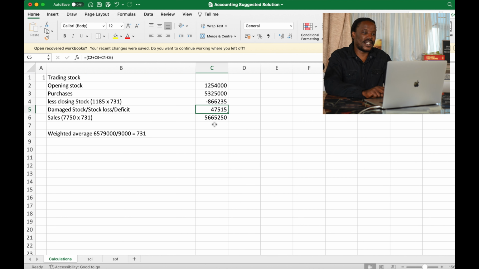This is the cost of the damaged inventory.